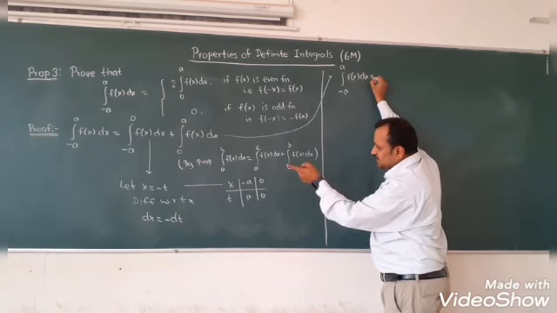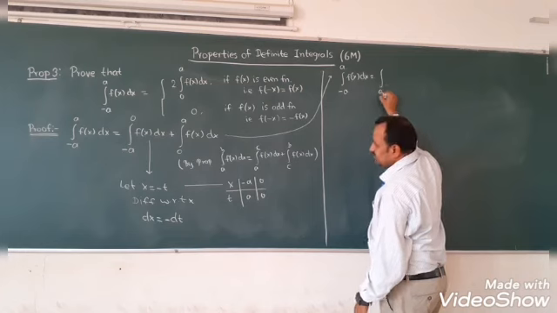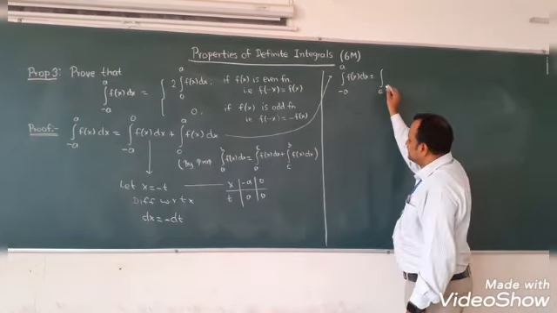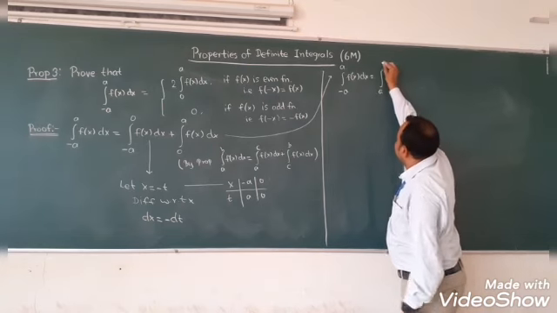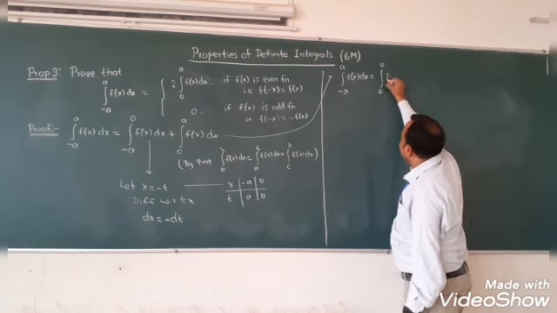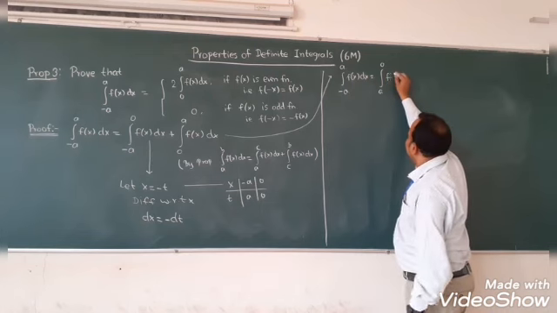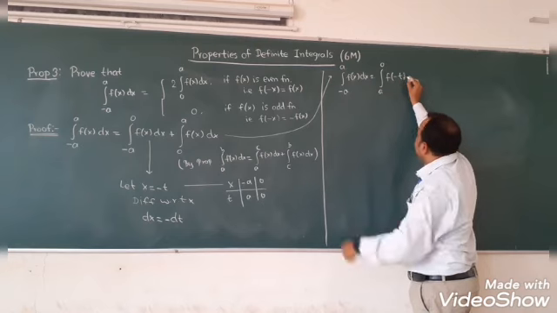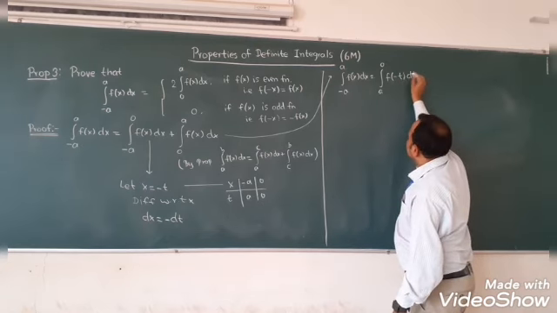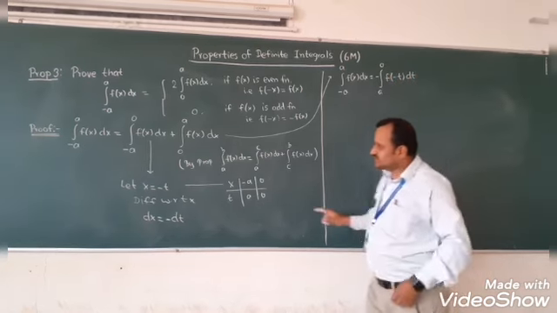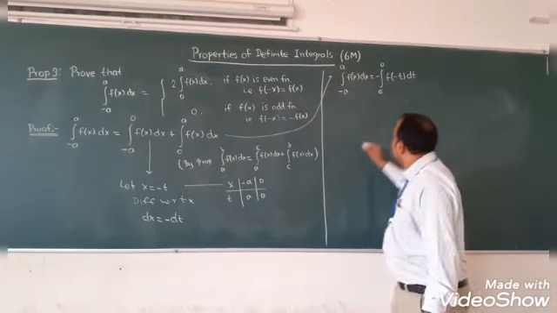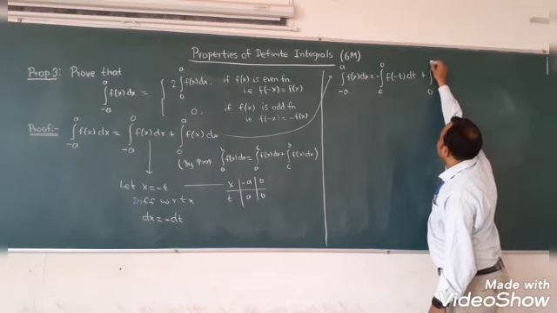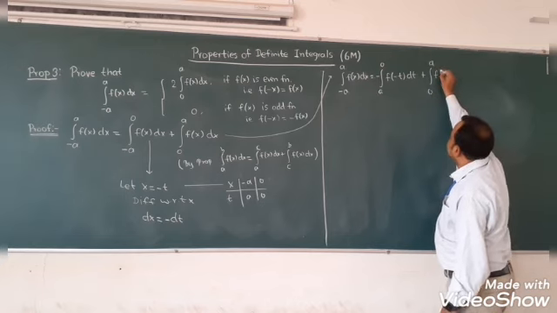Minus a becomes a, and 0 is 0 only. Here you will get f of, now x is what? Minus t, and dx is nothing but minus dt. So here minus will come, and this integral I did not change anything, so I am writing as it is, plus integral from 0 to a of f of x dx.